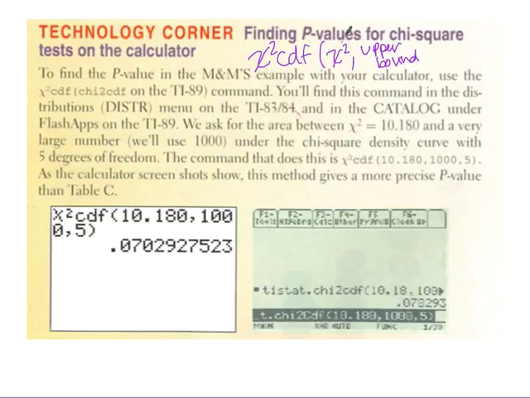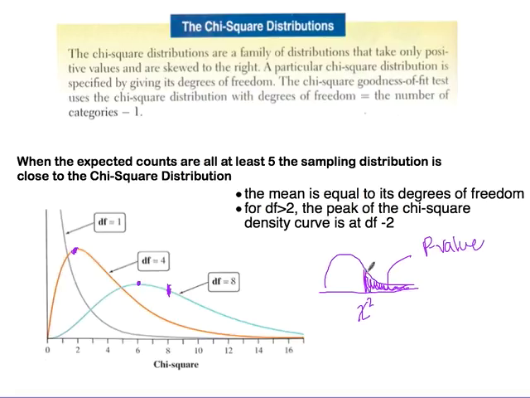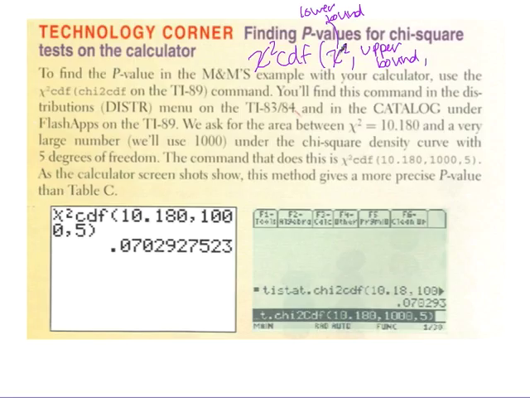Your chi-squared would also be your lower bound, because you're finding the area to the right of that chi-squared line, so that is where you would begin. Then your upper bound would be what you did next, and then you would have your degrees of freedom.